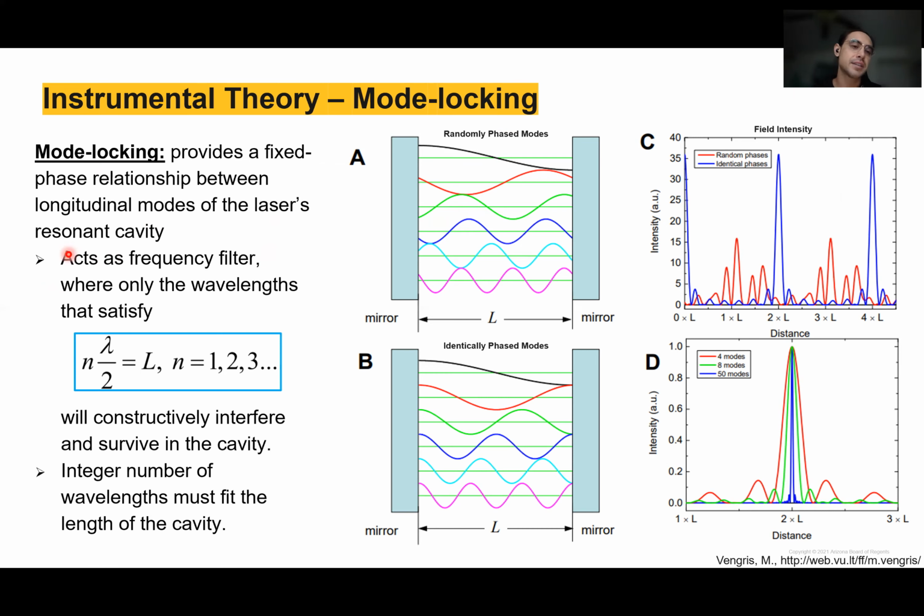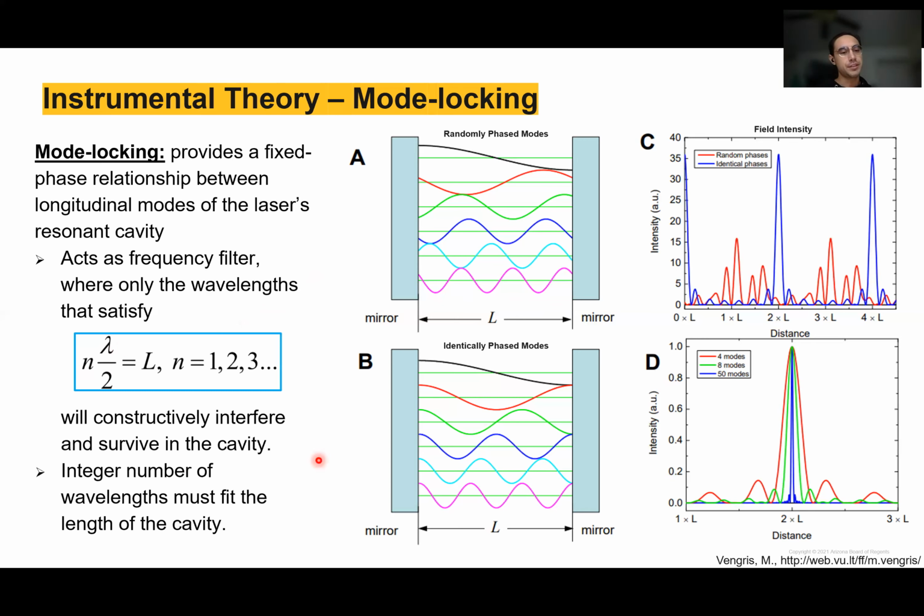When you mode lock, it acts as a frequency filter where only the wavelengths that satisfy this equation, n times the wavelength divided by 2 equals the path length of the resonant cavity, will constructively interfere and survive in the cavity.